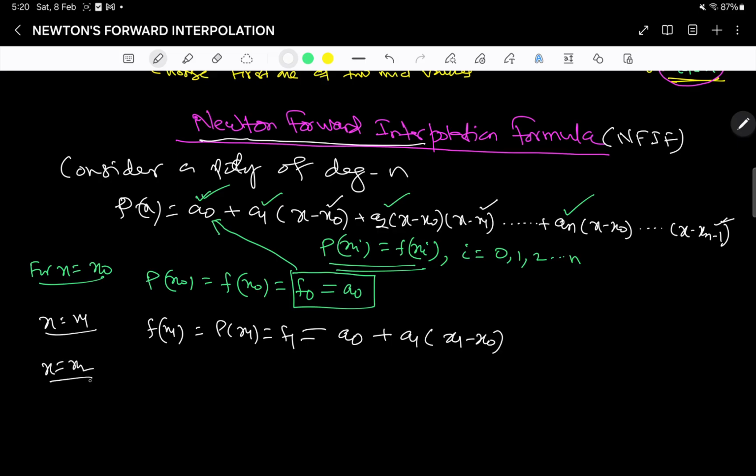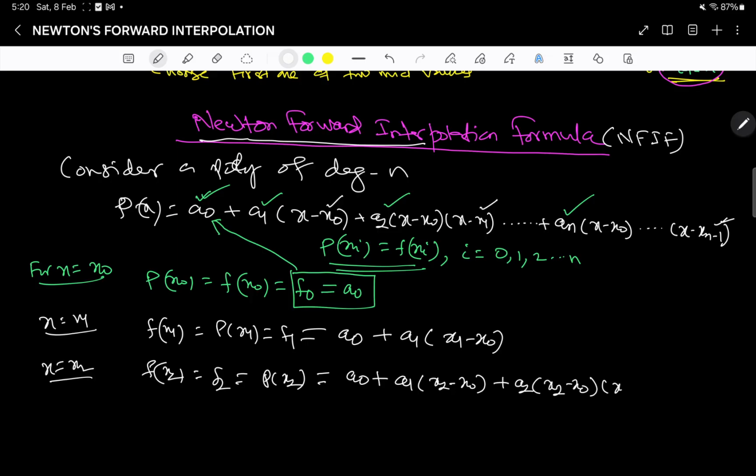Similarly for x equal to x2, f2 is p(x2), and from a3 onwards everything is 0. It is a0 plus a1 into (x2 minus x0) plus a2 into (x2 minus x0)(x2 minus x1). Now let us compute the values of a0, a1 and a2 out of this and continue likewise.